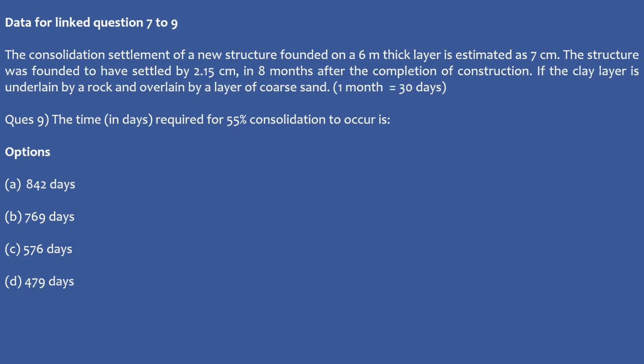If the clay layer is underlain by a rock and overlain by a layer of coarse sand, and 1 month equals 30 days, you need to evaluate the time required for 55% consolidation to occur. So now you need to find how much time is required for 55% consolidation to occur.